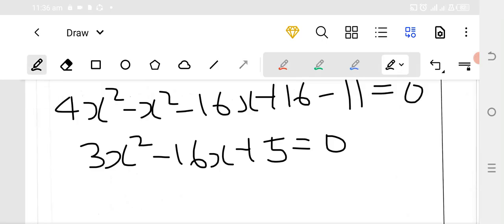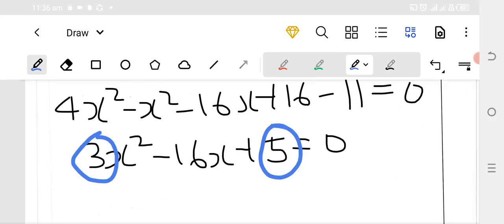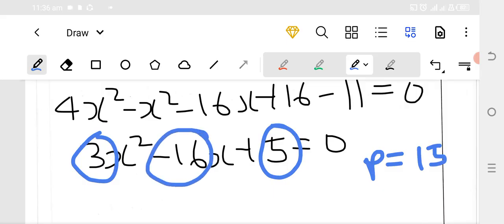Where you need to find the product. The product is the multiplication of the coefficient of x squared and the constant with no variable. So your product is equal to 15. 3 times 5 is a positive 15. Then your sum is the number in the middle.